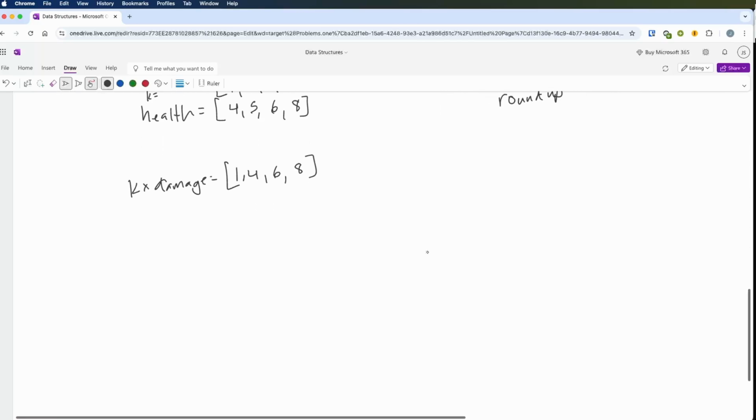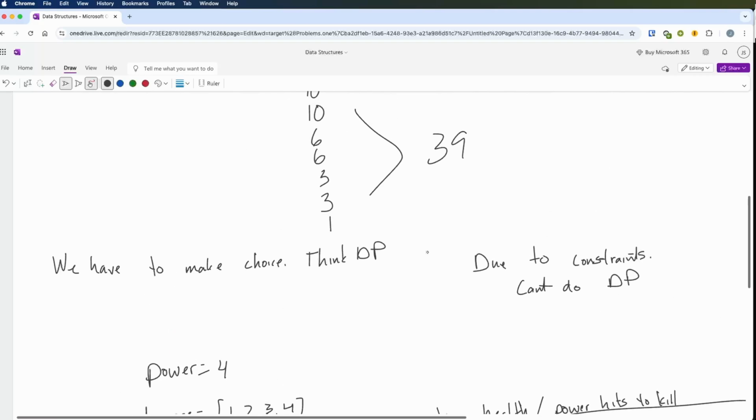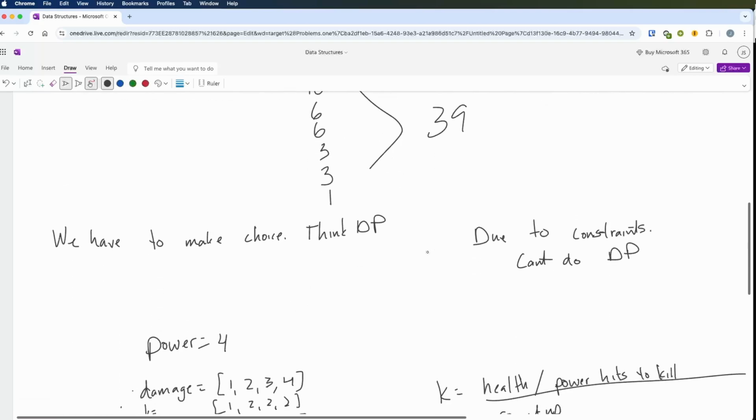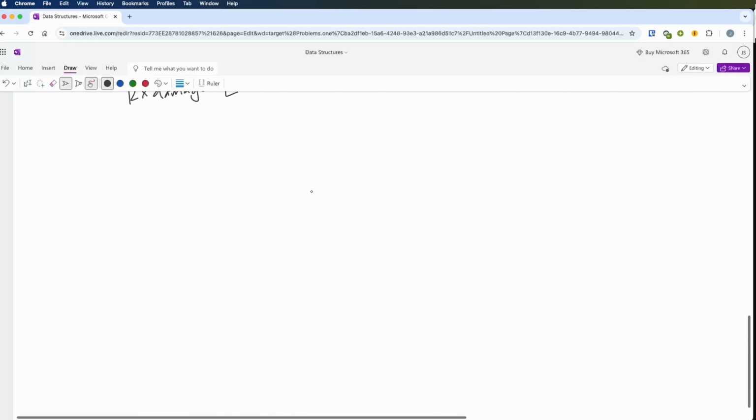Let's look at the other example and do the same thing. Right, so we have power equals, it's not an array, it's just an element. Our damage equals 1, 1, 1, 1. Our health equals 1, 2, 3, 4.